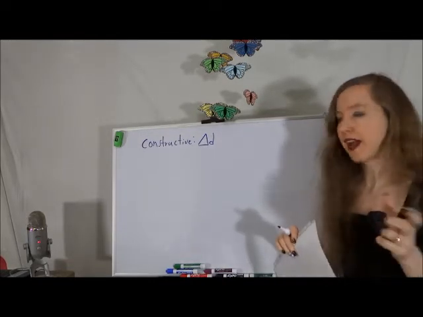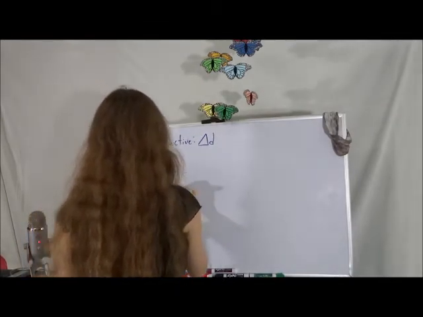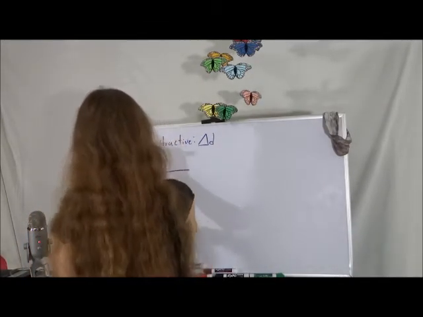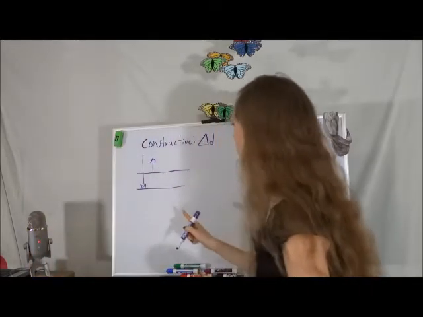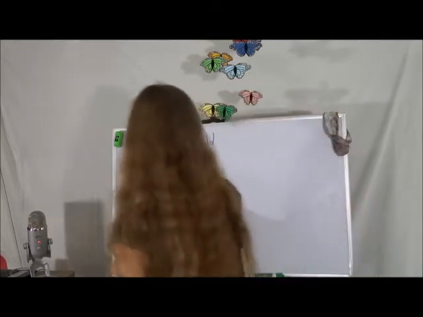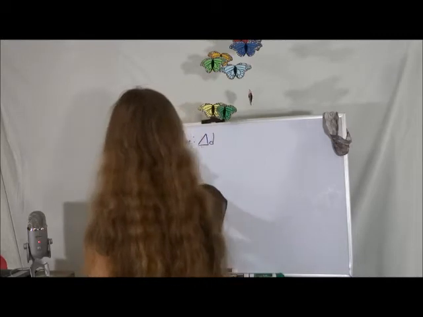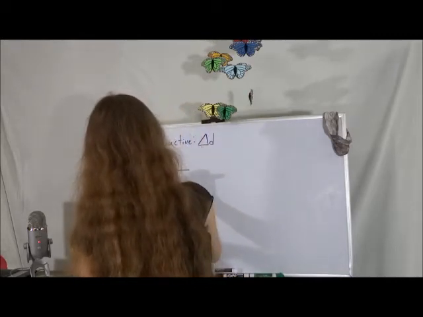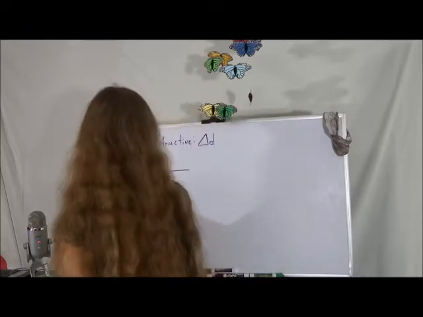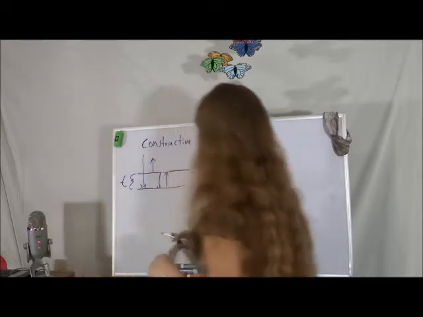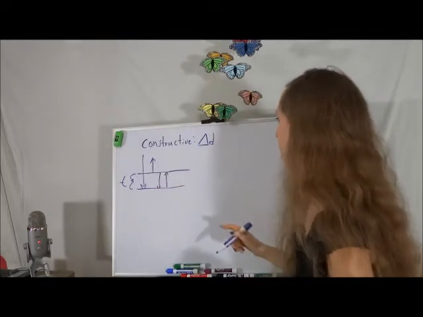Now, what is our path length difference? Well, if we have our oil layer, and our light is coming down through, we have our first ray bounces at this boundary. Our second one, though, the one that goes down here, to get to this boundary, it has to come all the way down to the oil once, and then it comes back up. So if this has some thickness to it, T, it has to travel that thickness twice before it hits this boundary and meets this wave.